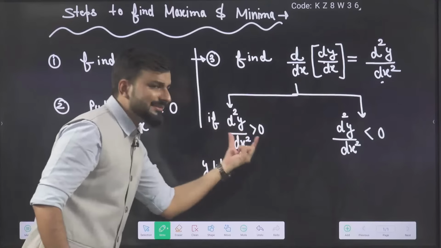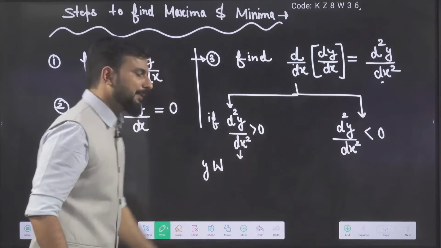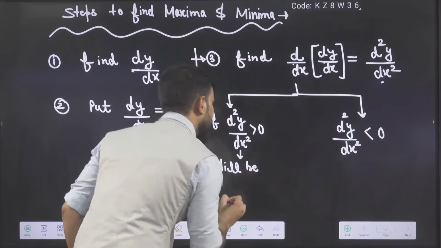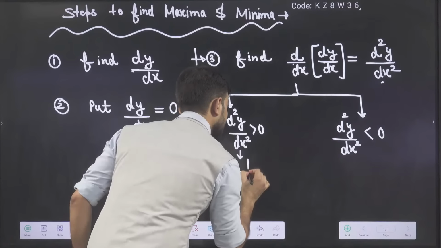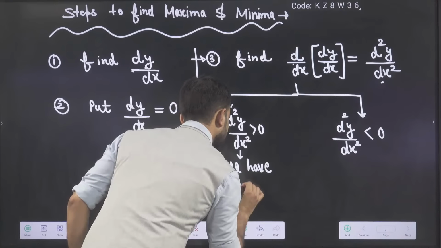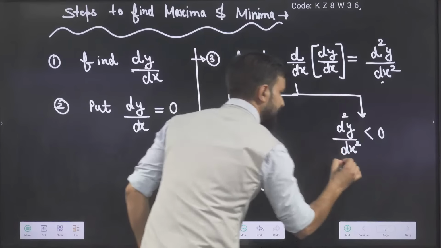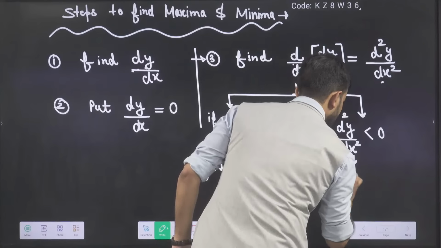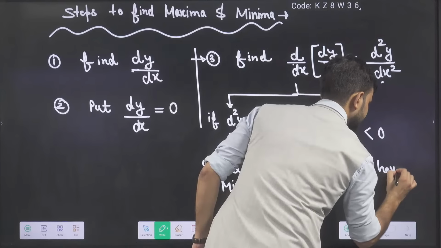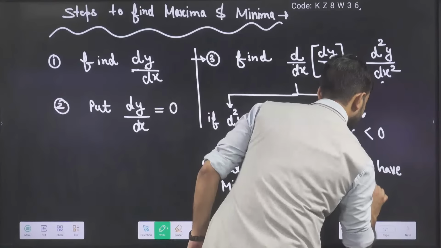So when this is happening, I will call y will have minima. And if this is happening, y will have maxima.